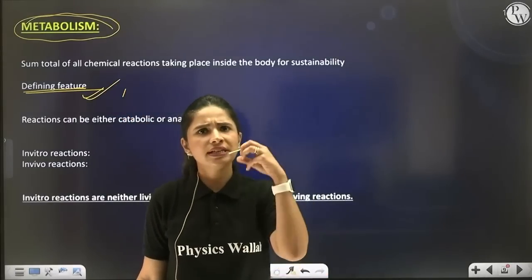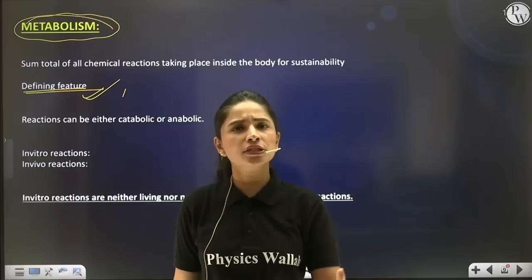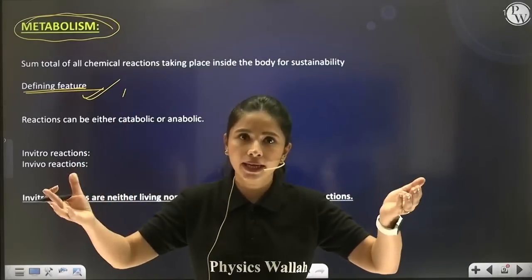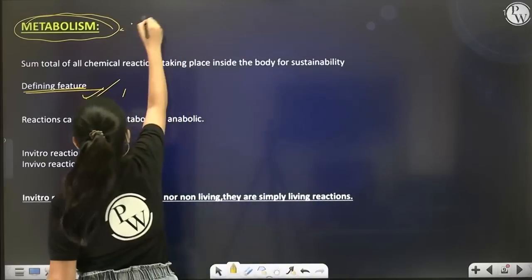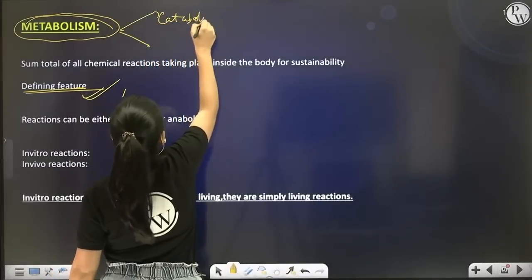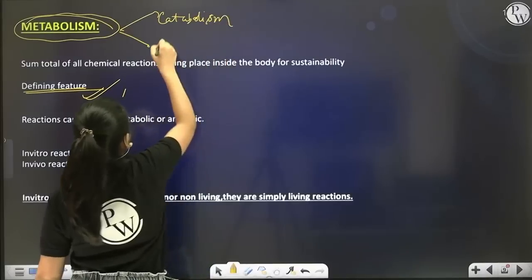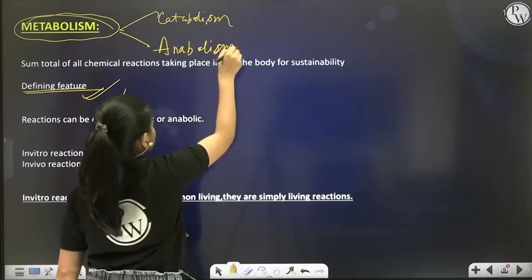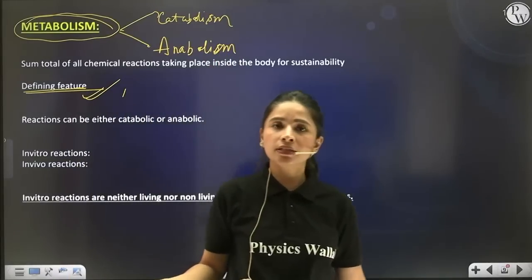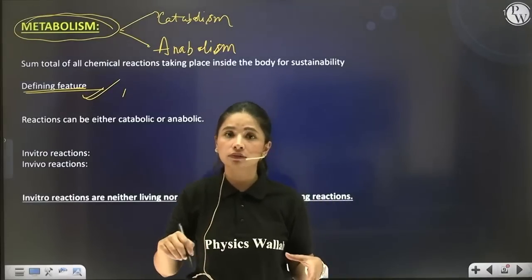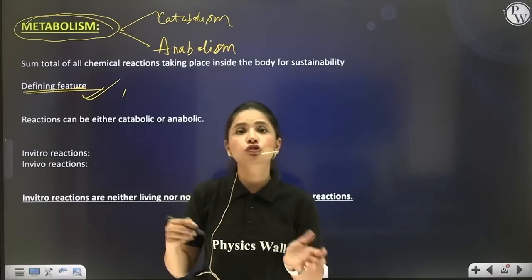Right? Now these sum total reactions can be either catabolic or anabolic. That means metabolism can be either catabolism or anabolism. Catabolism means the sum total of reactions which take place in order to convert some complex substance into a simpler form.